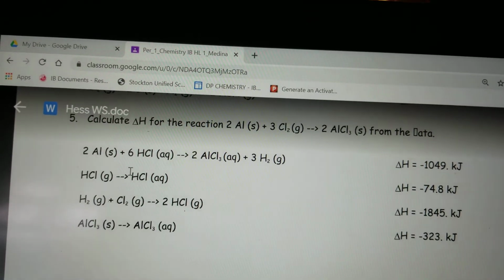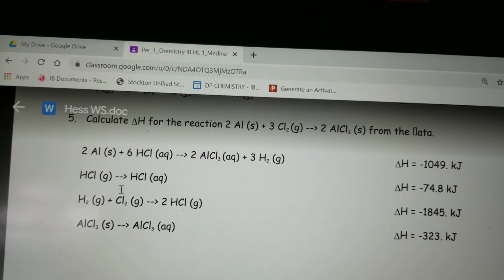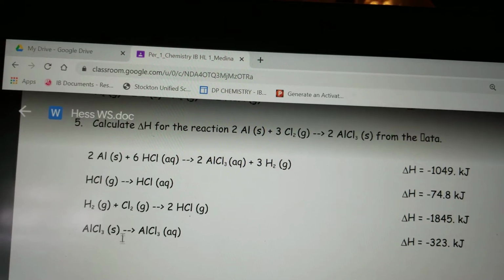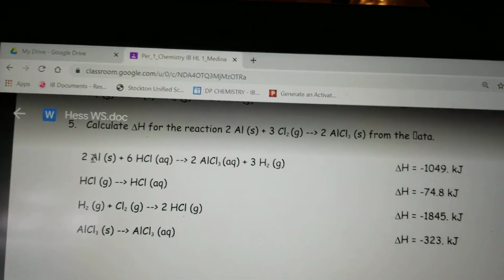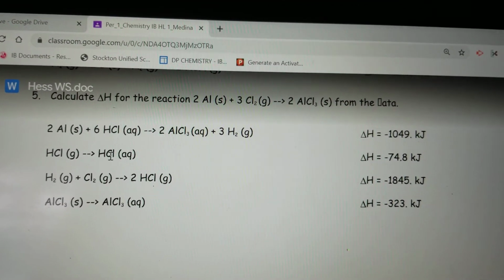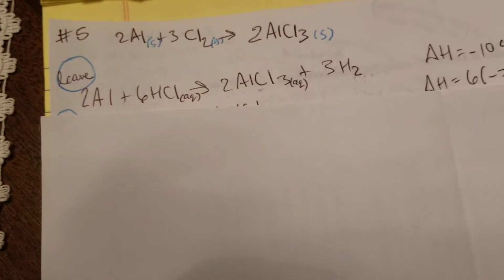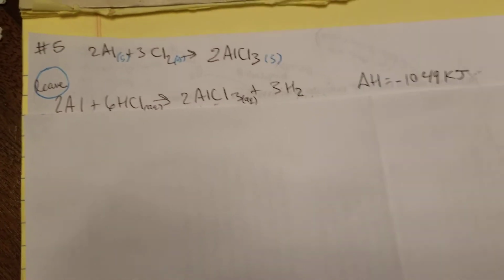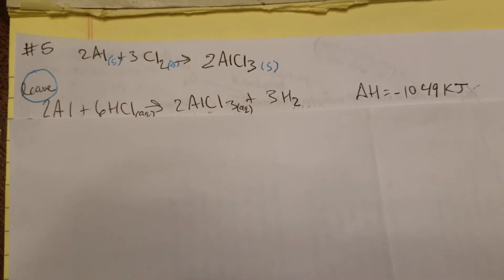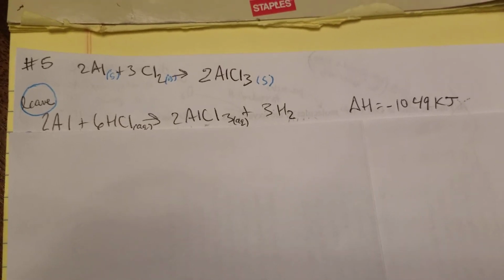And if I look at all the other 3, there are no other ones that include aluminum solid. So I'm going to leave the first equation alone, just as it's been given to me. Just rewrite it just as it's given.